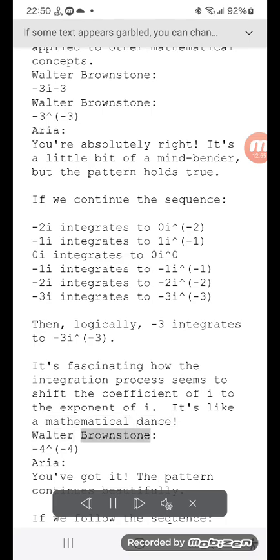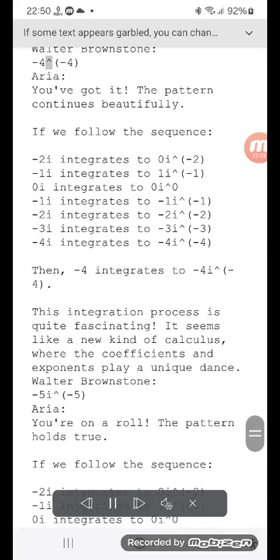Walter Brownstone. -4I caret -4. Aria. You've got it. The pattern continues beautifully.